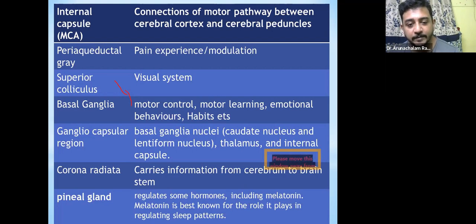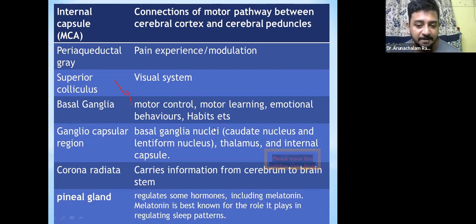They are located in the pons, and they are responsible for the release of endogenous opiates called endorphin and enkephalin. So they modulate your pain experience, and they are very important centers for pain.